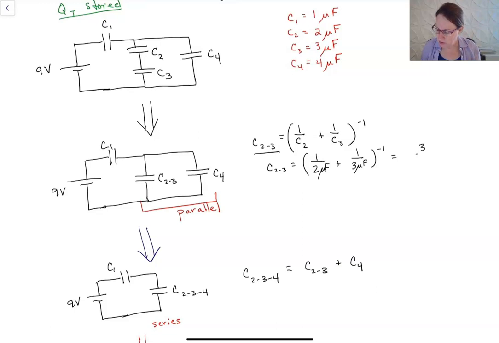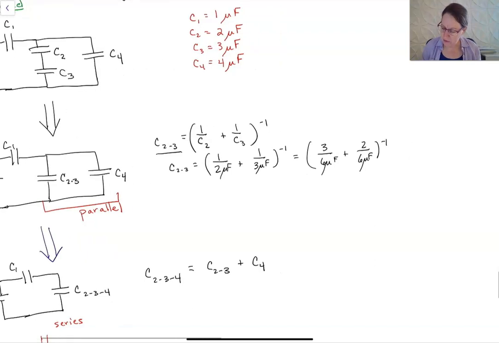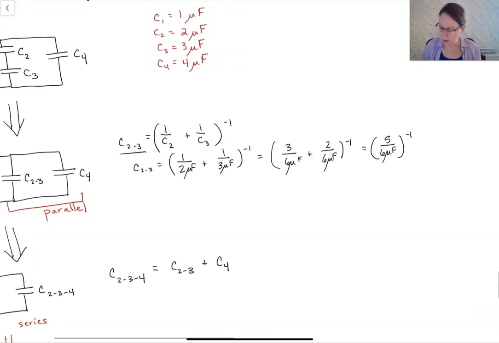So I'm going to have 3 over 6 microfarads, we're going to know we get microfarads out by the time we finish, plus 2 over 6 microfarads, to the negative 1, which is going to be 5 over 6 microfarads to the negative 1, or if I keep going, this would be 6/5 microfarads. So my equivalent capacitance now is 6/5, which is 1.2 microfarads.